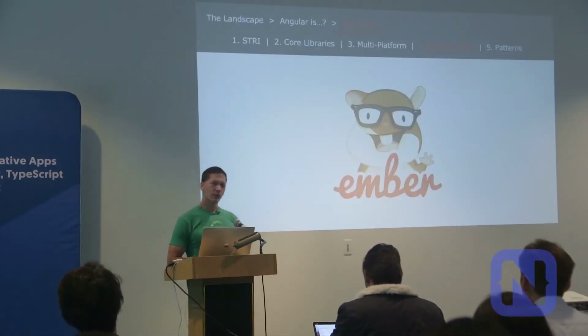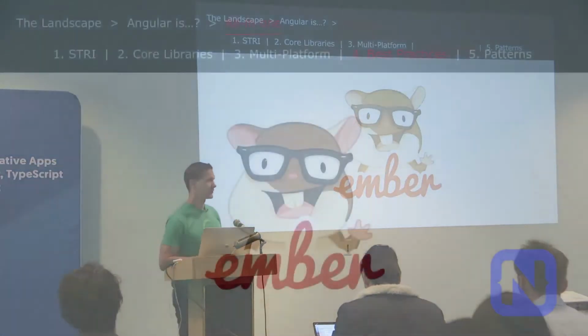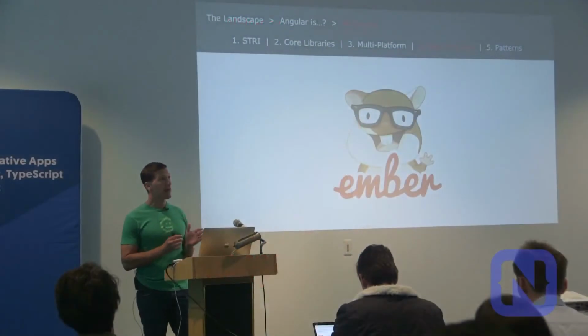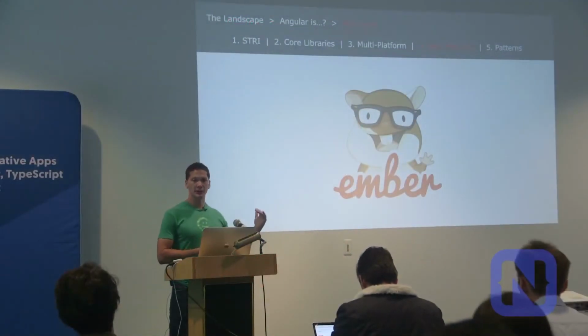So I would imagine, other than Tracy, wherever she is, not many people in this room have used Ember. But the one thing that they nailed very early on is convention over configuration: using a strong CLI and having everybody do the same thing in the same way. There's a lot of power in that, because then you can build abstractions on top of it.